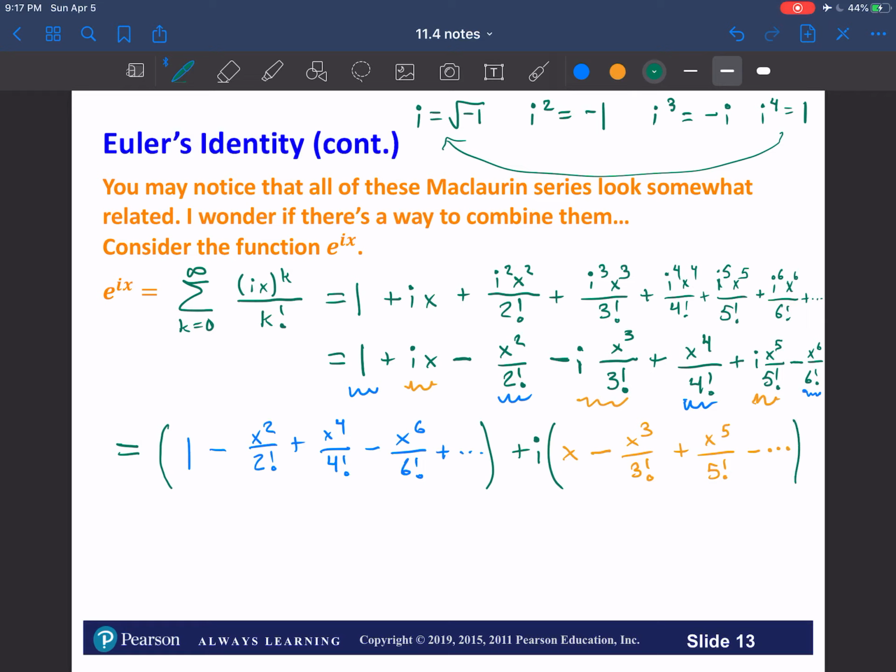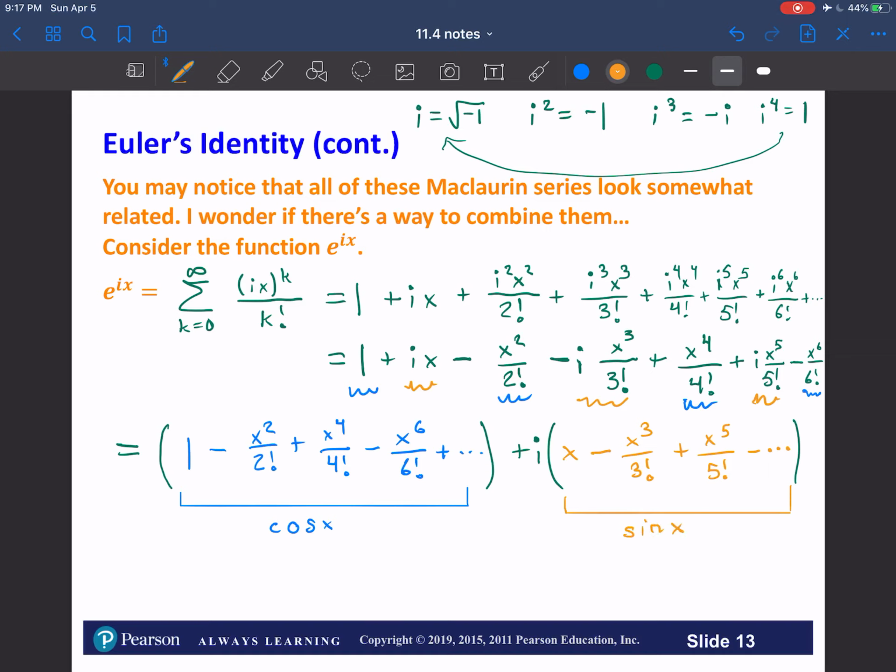And what you might notice at this point is that this thing in blue is exactly cosine of x. That is precisely the definition of cosine of x. It is all the even powers of x, and it alternates like it should. Also, what you might notice is that over here in orange, this is exactly sine of x.